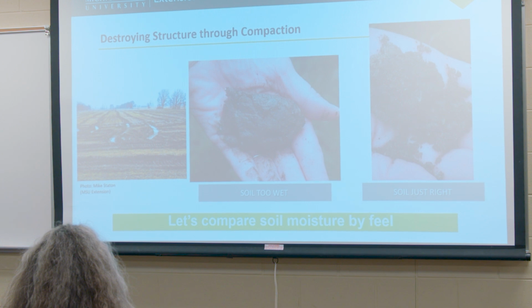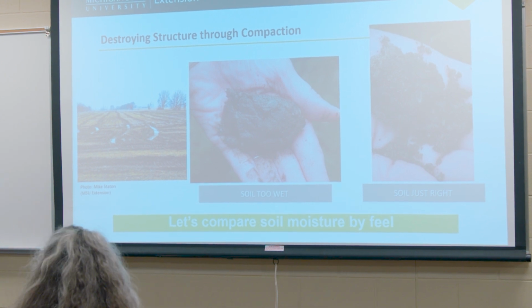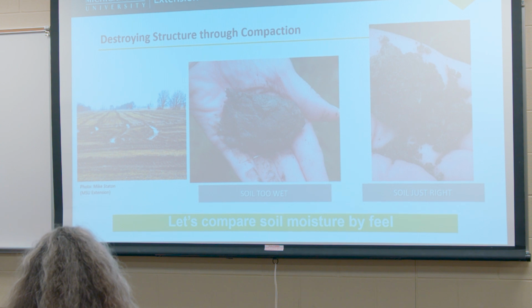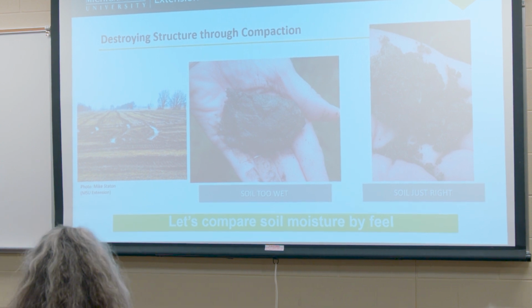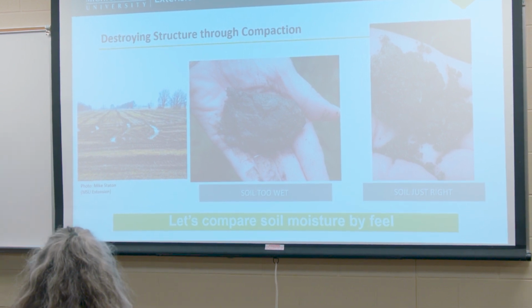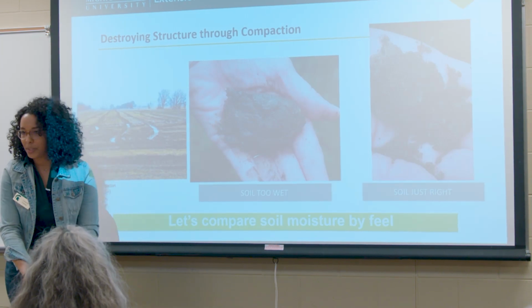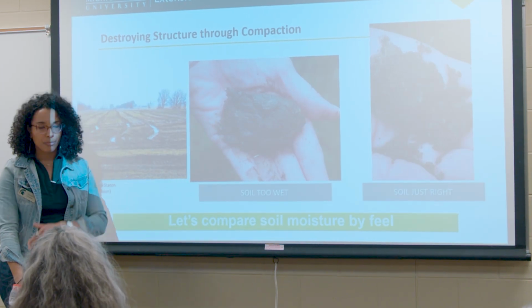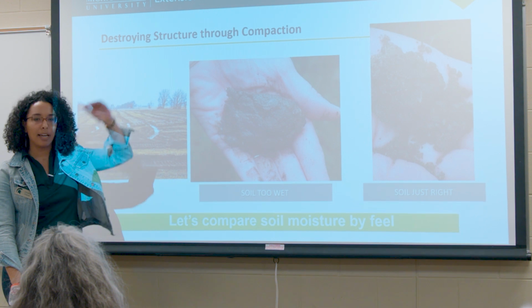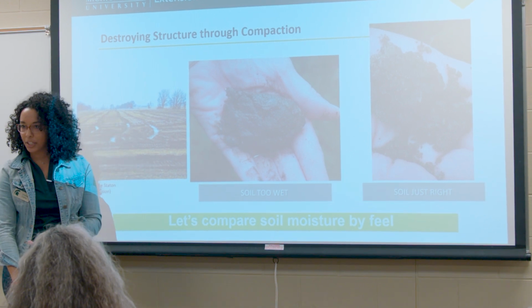And a good way of checking, and we'll pass around this soil that I dug up the other day, and it was raining. So a good way to check if something is too wet is going to depend on the texture too. The USDA has a nice resource that goes through every single type of soil, what you're going to see in your hand.